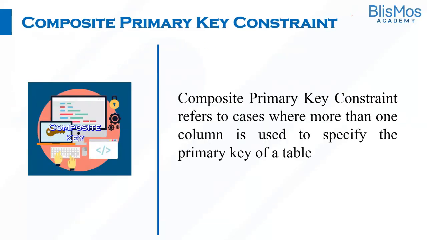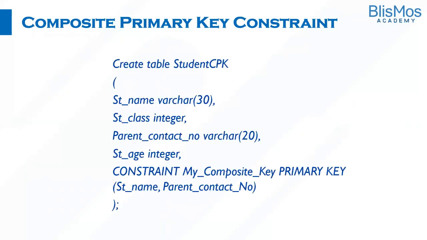Since the composite primary key constraint is also there, it refers to the cases where we can have more than one column used to specify a primary key. Let us take an example here. In this case, we are creating a table called student composite primary key, that is CPK. We have a couple of attributes here: student name, student class, parent contact number, and student age.